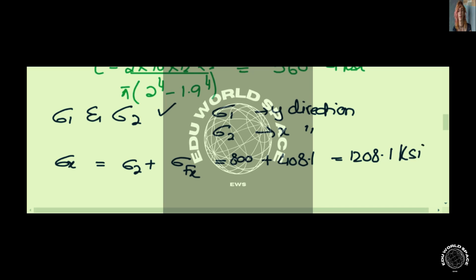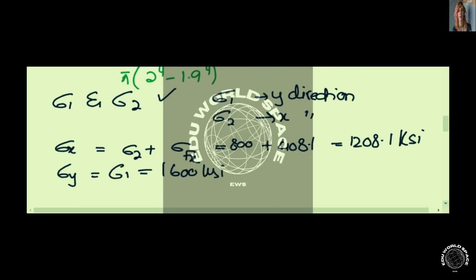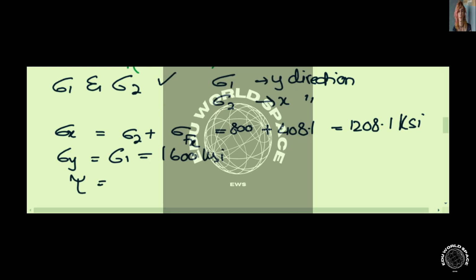Let's recap that sigma sub x is equal to sigma sub 2 plus sigma sub fx, that is 800 plus 408.1, equal to 1208.1 ksi. And sigma sub y is equal to sigma sub 1, that is 1600 ksi. And tau is equal to 360.4 ksi that we just calculated above.